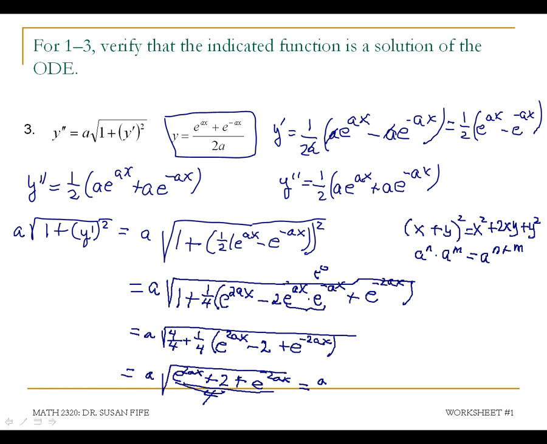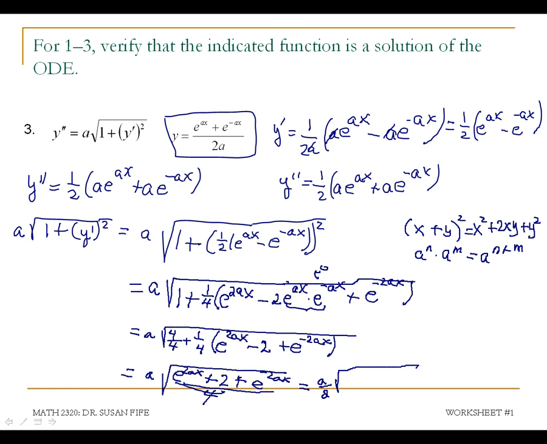Now notice that I've got the square root of 4 on the bottom. I can bring out that square root of 4 and that'll give me a 2 down here. And underneath my square root I have e to the 2ax plus 2 plus e to the negative 2ax.